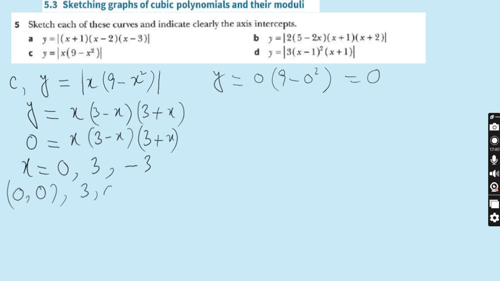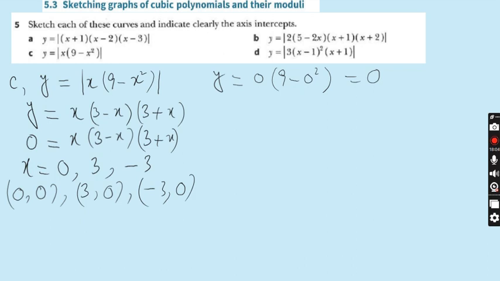When x is 3, y is 0. When x is minus 3, y is 0. And for the y-intercept, this is also 0. So it means the graph should pass through the origin.